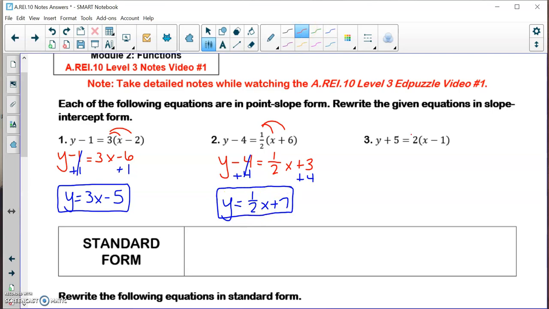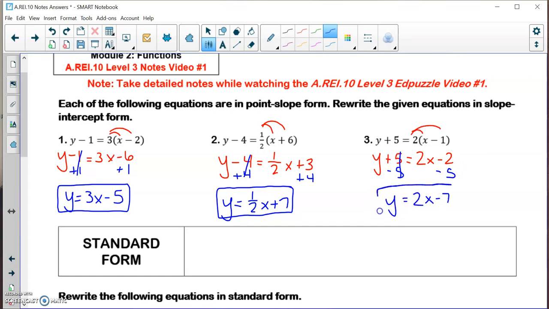And then number 3, I'm going to distribute. And now I'm going to subtract 5 from both sides. And that's it.